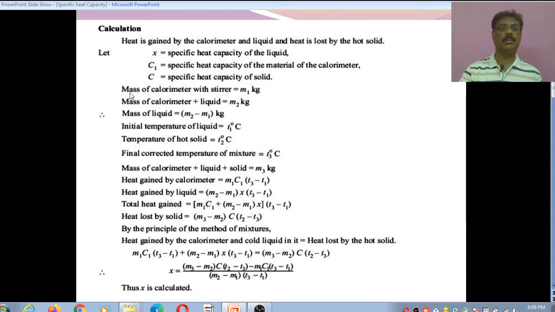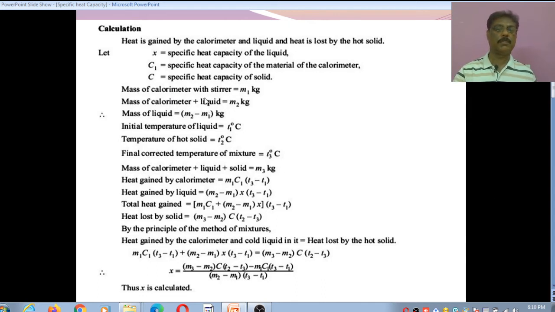Now, we already measured the mass of the calorimeter with the stirrer, M1 kilogram, and the mass of the calorimeter, stirrer and liquid, measured as M2.